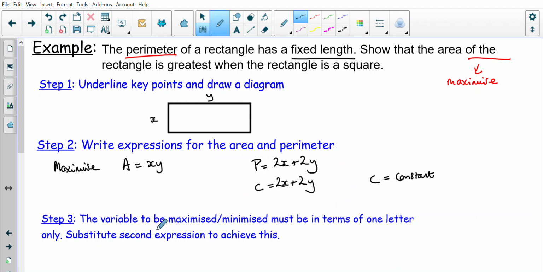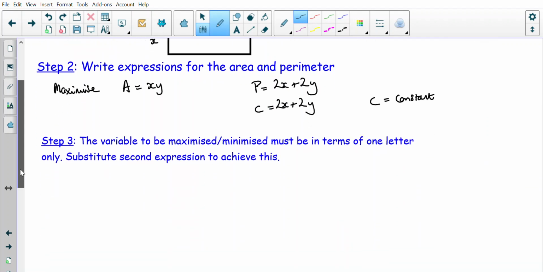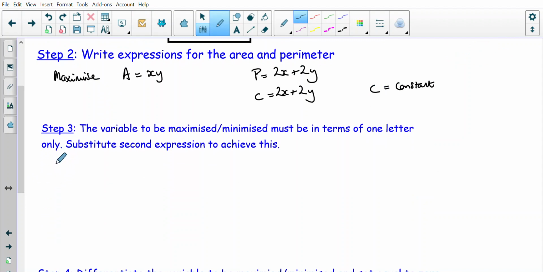Because what I need to do is substitute for y from my expression for the perimeter, so I get A in terms of one variable only. So let's just have a look at that down here. So we've said that A equals xy, and we want it in terms of x only. So we're going to use the perimeter expression to achieve this.